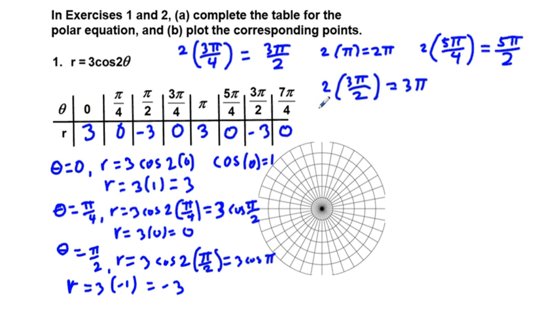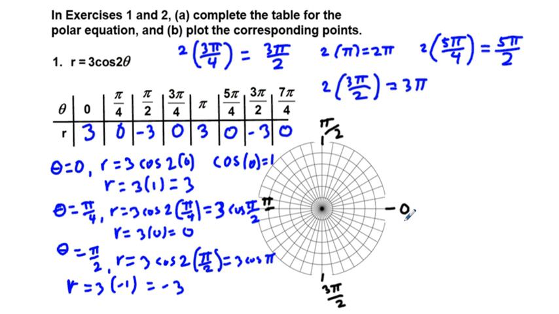And we're going to go here. We're going to have 0 here. At the top, we're going to have pi over 2. At the far left, we're going to have pi. And then at the bottom, 3 pi over 2.